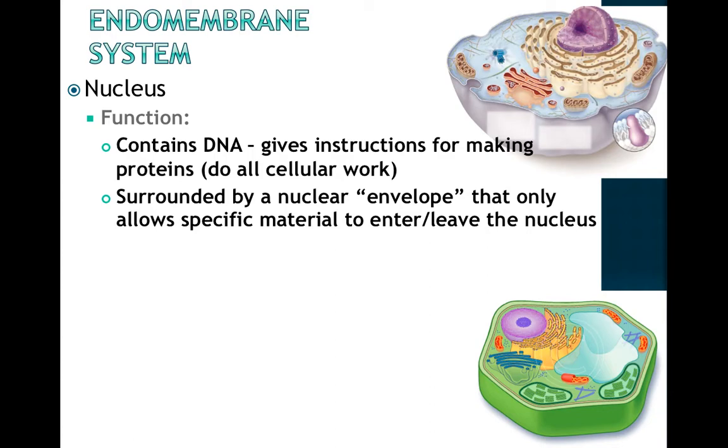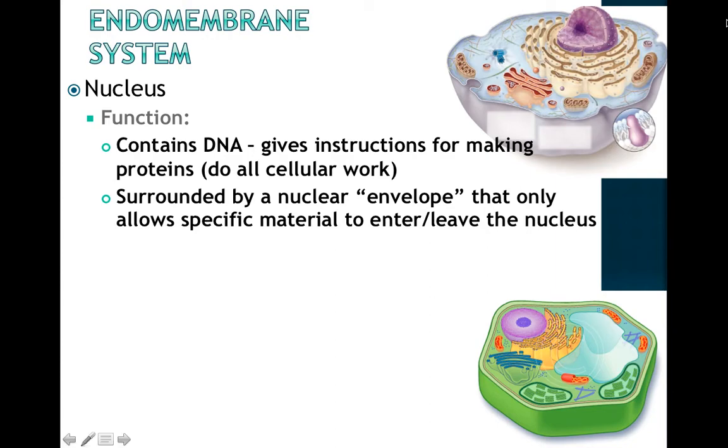And the DNA is the instructions for doing all of the making of the proteins in the cell. So it's really important that we keep it separate because it's really valuable. If the cell's DNA gets compromised in any way, then that cell can no longer make the correct proteins. So it's important, again, that we keep it separate.